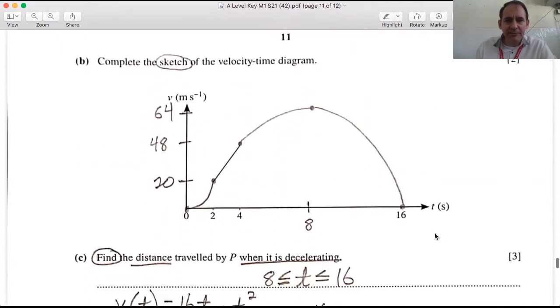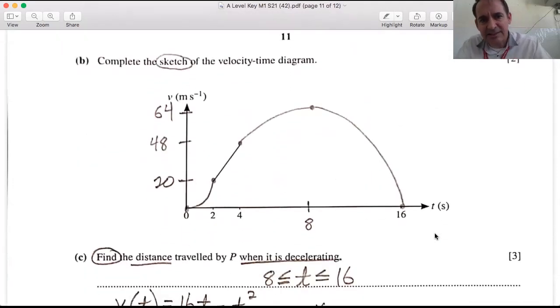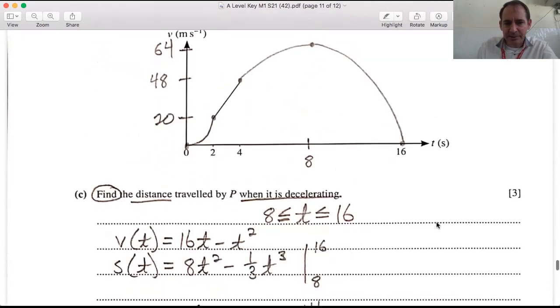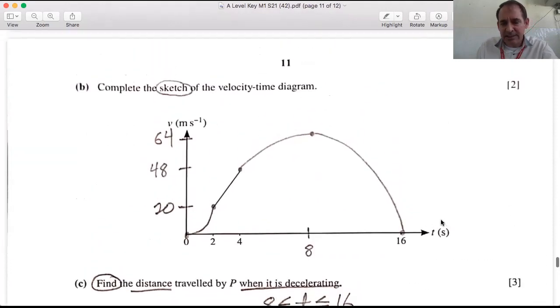The second part of this wants you to complete a velocity time graph. Well, we already figured out all the velocities from 0 to 20, 20 to 48, and then 48 back to 0 at 16. We need to calculate the maximum velocity. So notice from 0 to 2 is an upward facing parabola, and that was also from 0 to 20 meters per second.